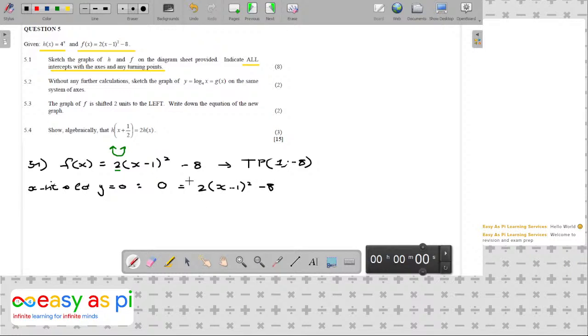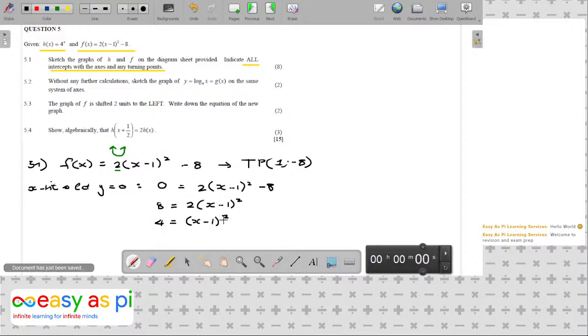There are a few ways I could do this. I'm going to take the 8 over, so I get 8 is equal to 2 into x minus 1 squared. Then I can divide both sides by 2, and I get 4 is equal to x minus 1 squared.